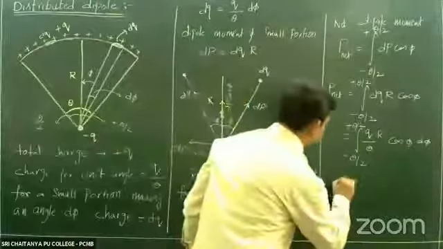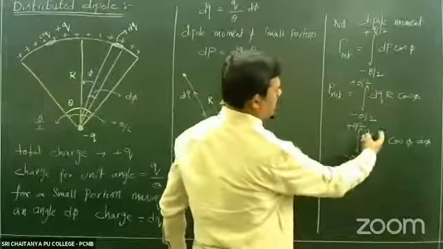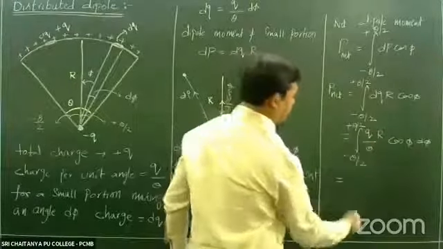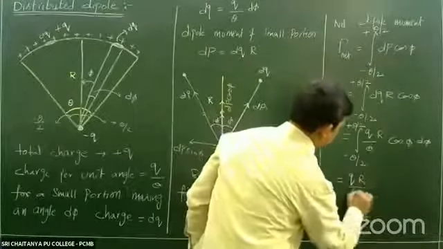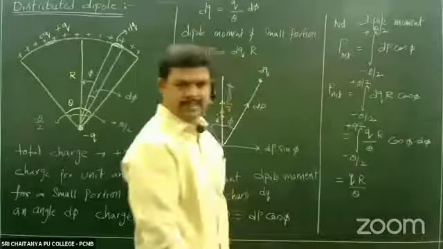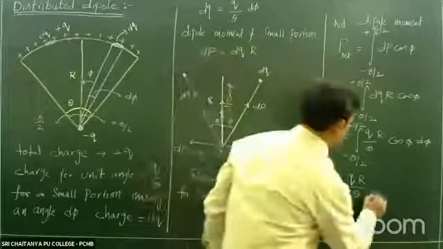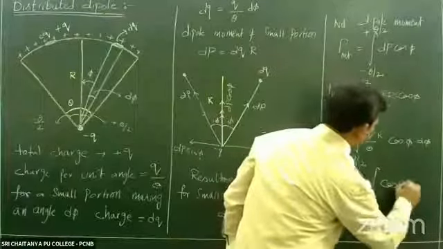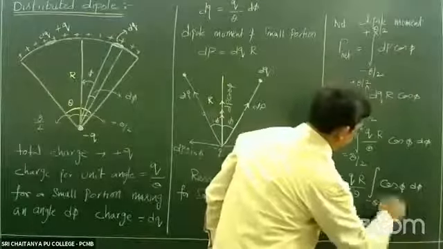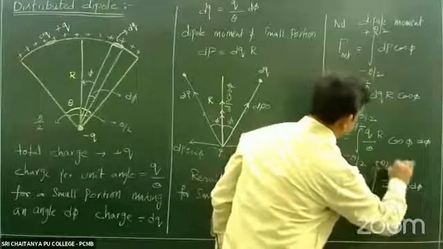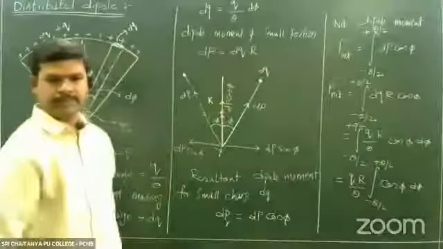Here what are constants? Q constant, R constant, theta constant. What remains? Integral of cos phi d phi from minus theta by 2 to plus theta by 2, right?